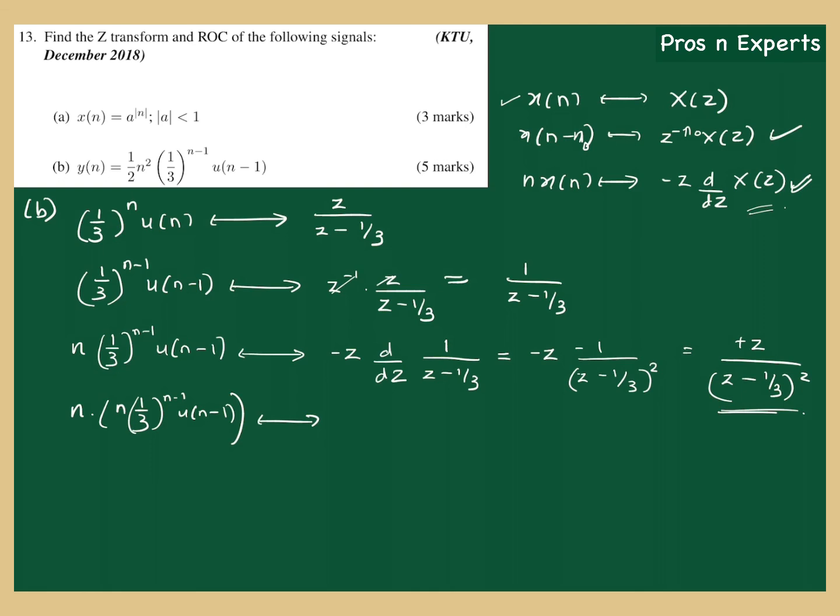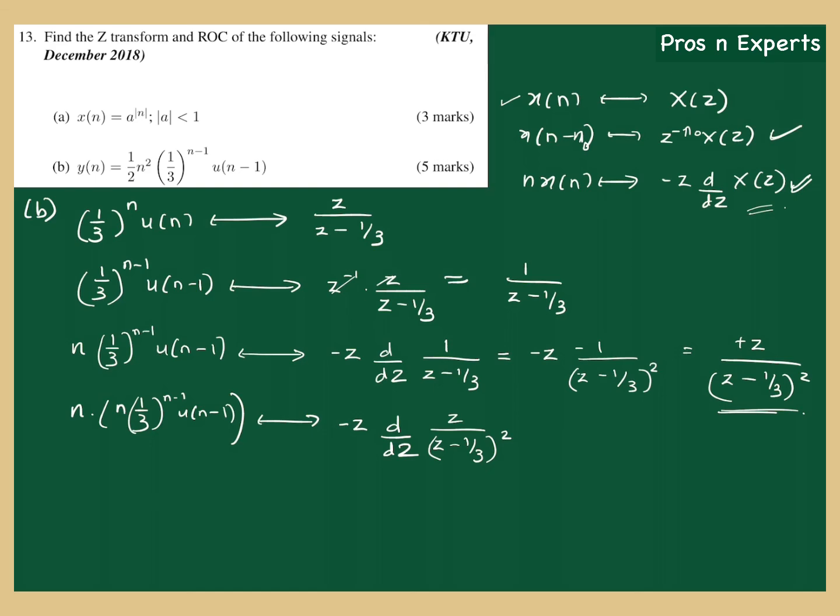Okay, so again I can apply minus z into d by dz of, this time X(z), which is z by (z minus 1 by 3) square. So what will be the answer?